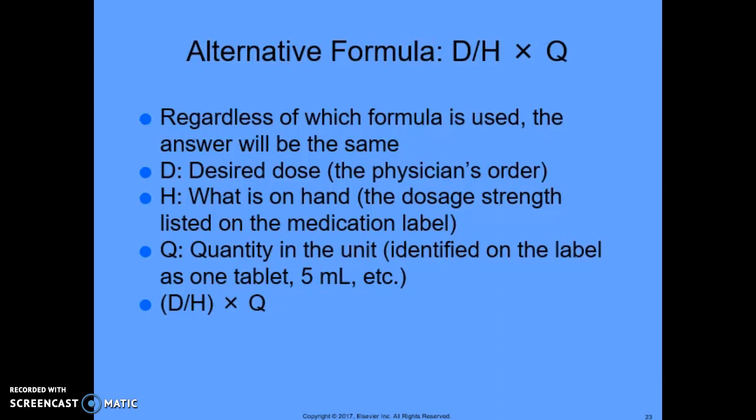You want to complete the various problems for preparing an injectable dose. You also want to be able to determine an oral dose and work other sample problems, which we have in the textbook as well as in your study guide workbook. That's why it's so important to be practicing.